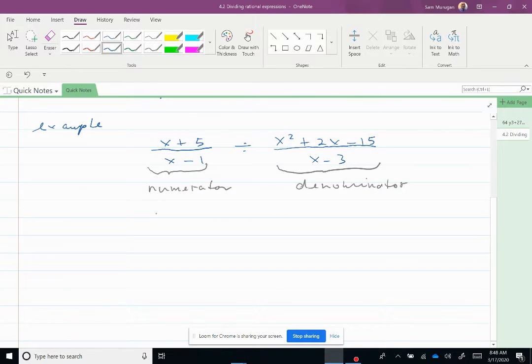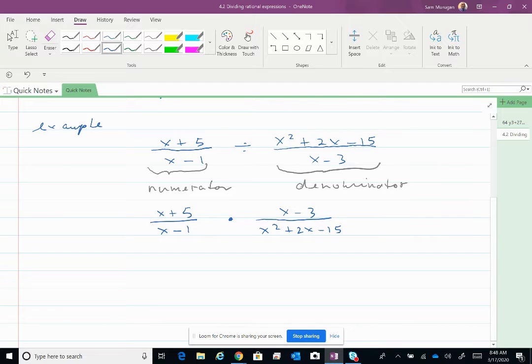So let's do that. We have x plus 5 over x minus 1. We know we're changing the sign to multiply. Flip this over, put the x minus 3 at the top, and x squared plus 2x minus 15 on the denominator.